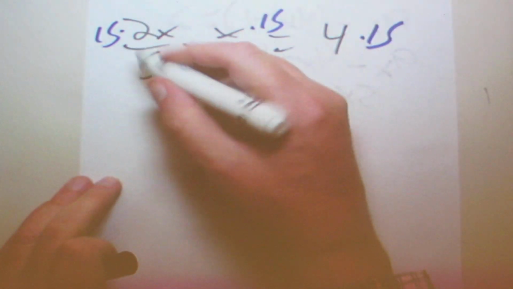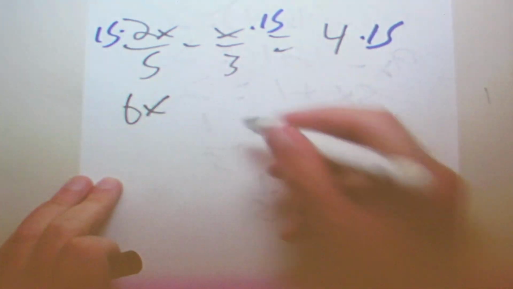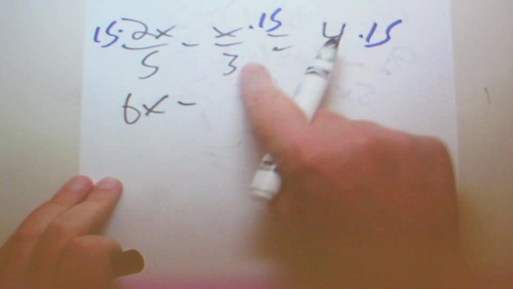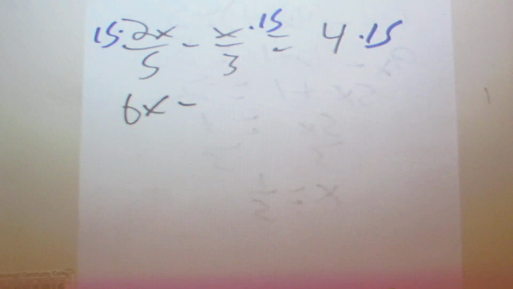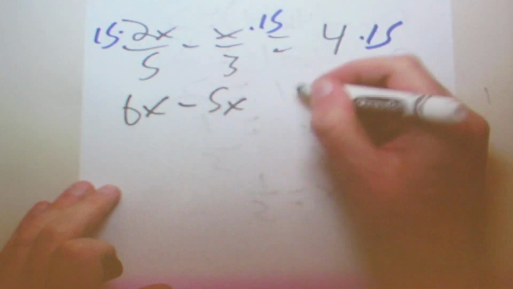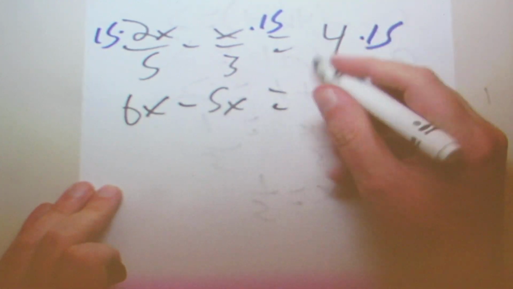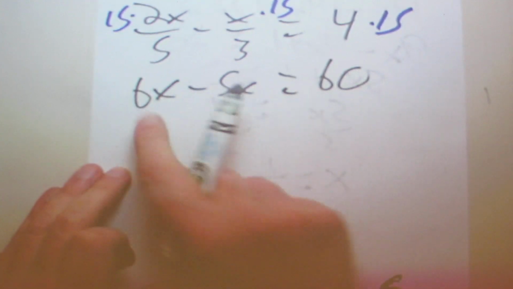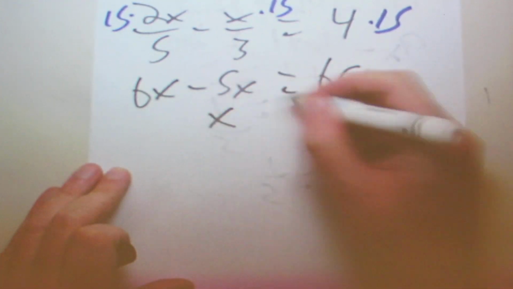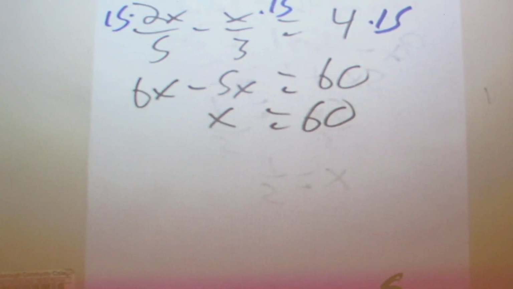So we're going to multiply everything by 15. When we do that, 15 divided by 5 is 3. 3 times 2x is 6x minus 15 divided by 3 is 5. 5 times x is 5x equals 4 times 15 is 60. Combine like terms, we get x equals 60.